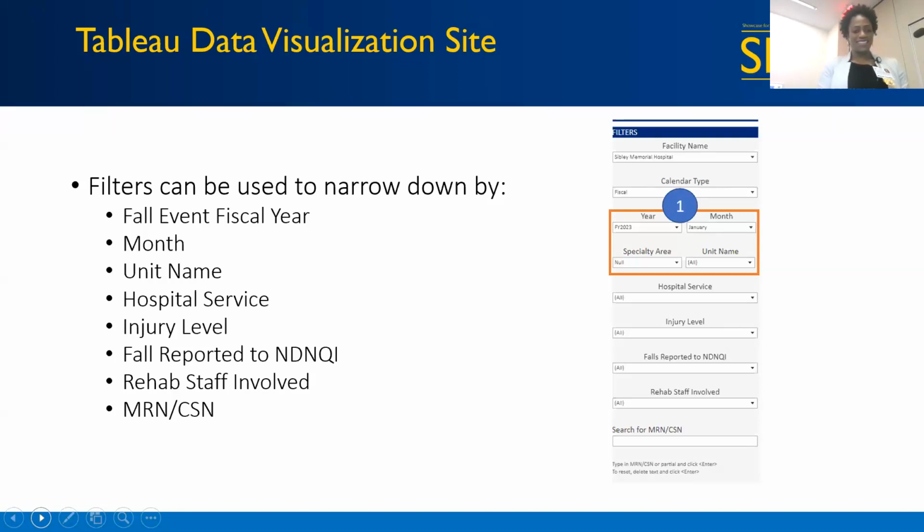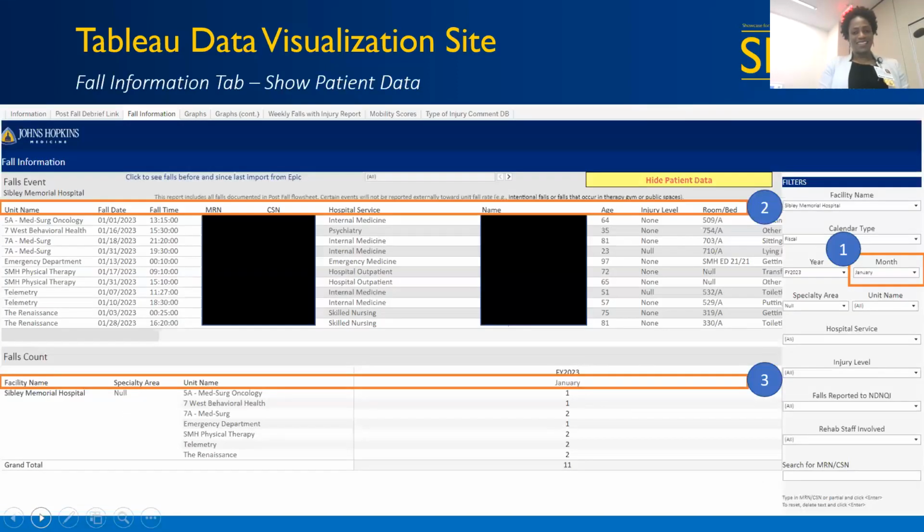Next slide, please. Okay, so then once you've clicked all those filters and you click Show Patient Data, this is the screen that you'll be able to see. I've blocked out our patients' names and CSNs and also their MRNs just for privacy here, but you'll see on the left side of the screen that you have the unit name followed by the date of the fall and the time of the fall.